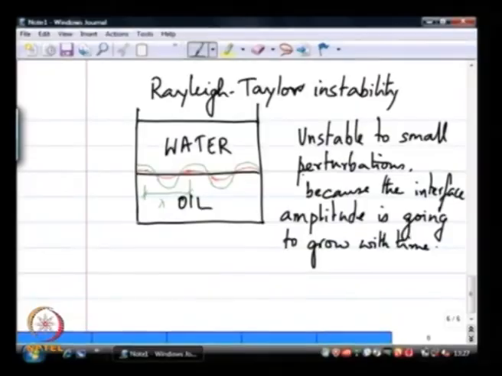The rate of growth going from the red line to the green line that you see here is going to depend on lambda itself. Keeping everything else the same, if lambda was short or long, it would cause the rate of growth to be different.